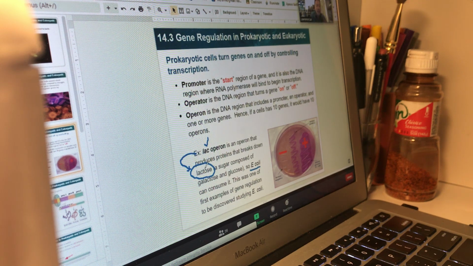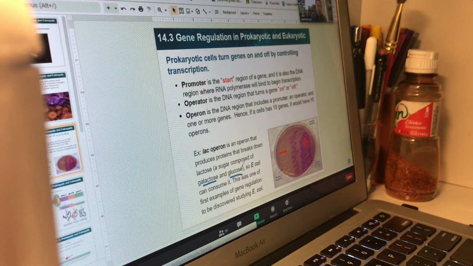The reason is because lactose is a sugar that's too complex for them. So instead, the lac operon produces a protein that's going to break down lactose into two types of sugar called galactose and glucose.